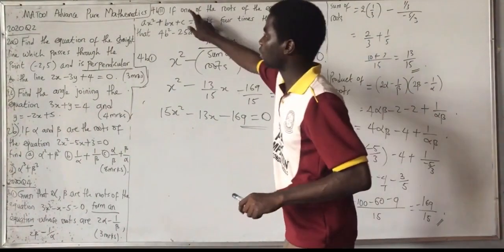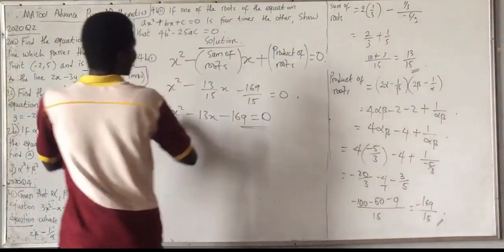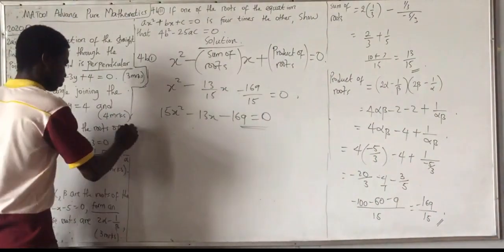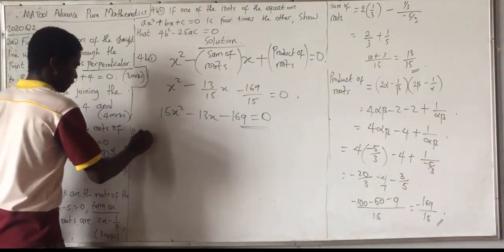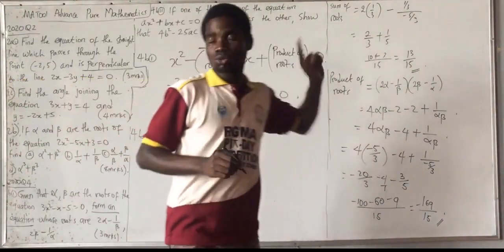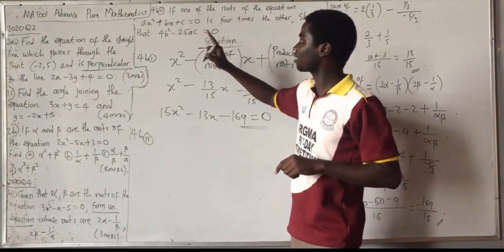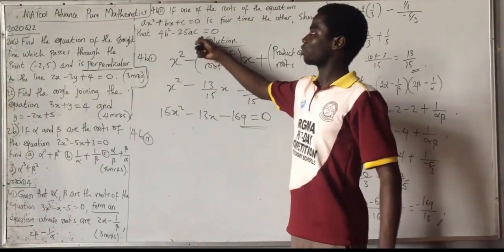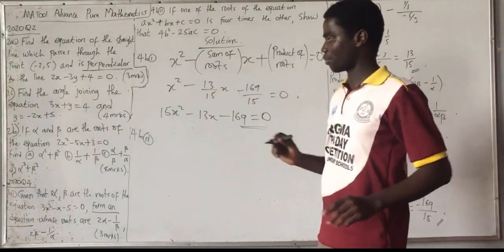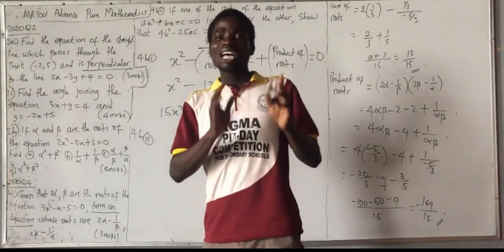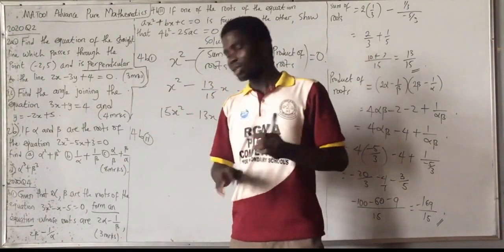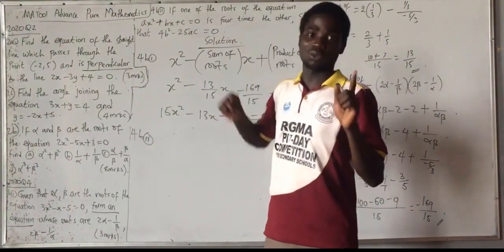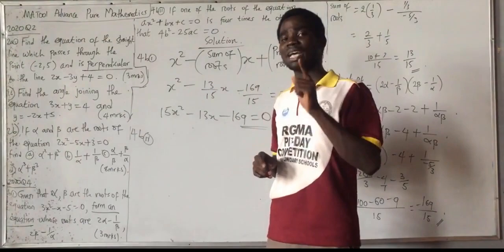Now, this is 4BII. 4BI, okay, I did not put the marks for 4BII, but don't worry. 4BII: if one of the roots of the equation is 4 times the other, show that 4b squared minus 25ac equals 0. Now, in order not to drop points in this question, this is what will happen.